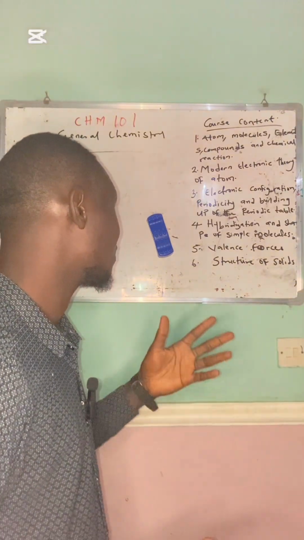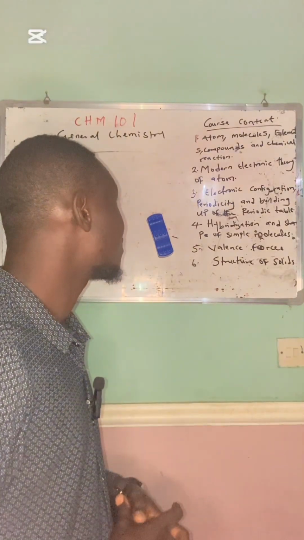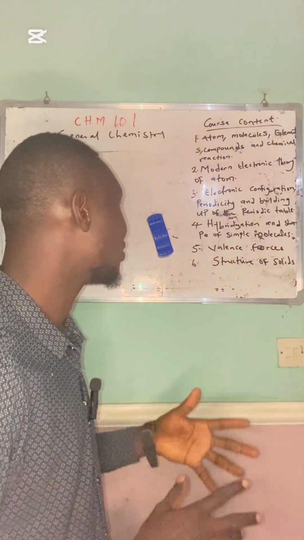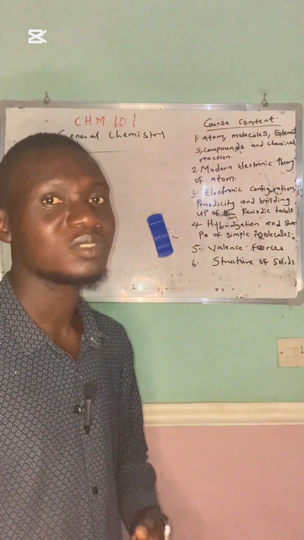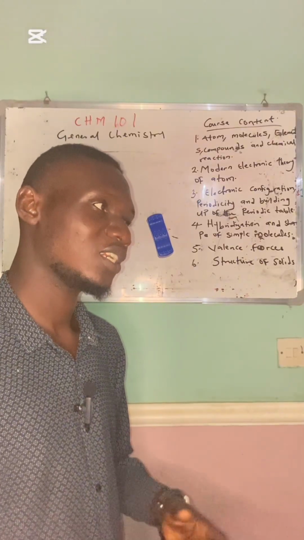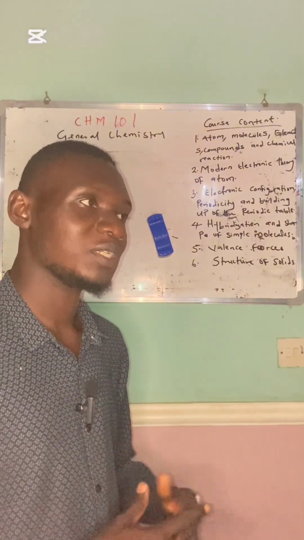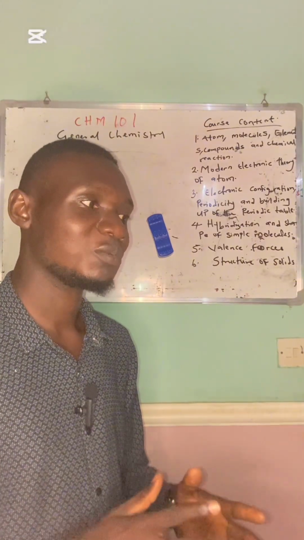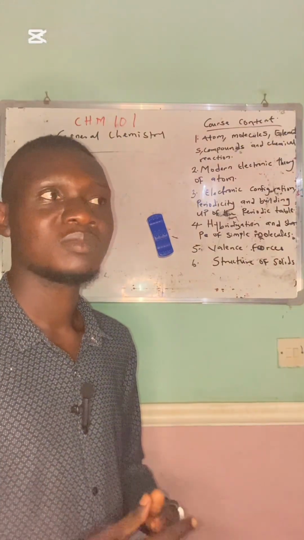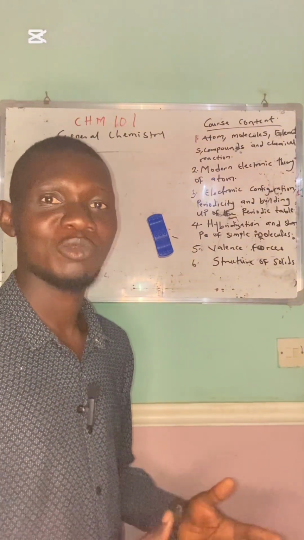One of these is atoms. We'll be talking about atoms, molecules, elements, compounds, and chemical reactions. And then we have the modern electronic theory of atoms. We'll see the whole physical structure and electronic look of atoms right from the beginning, from the very idea of what brought about atoms, the time of the Greek philosophers, down to the time we are in today.